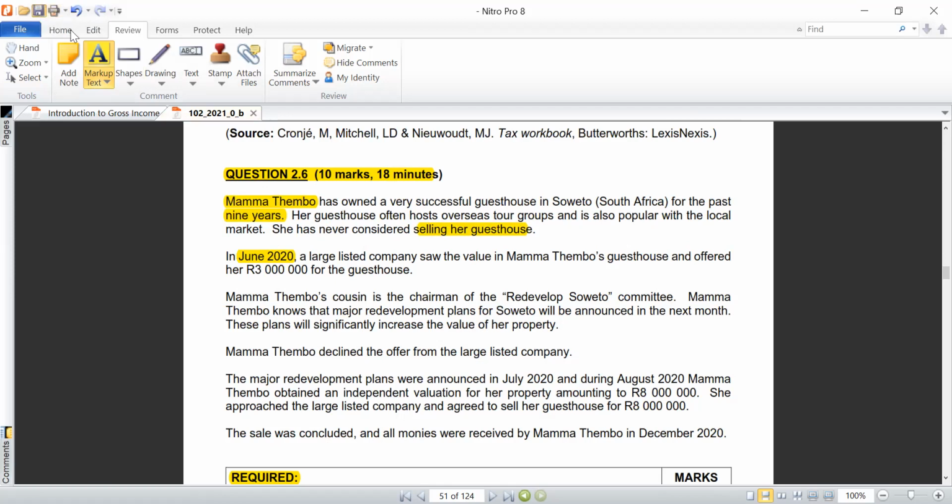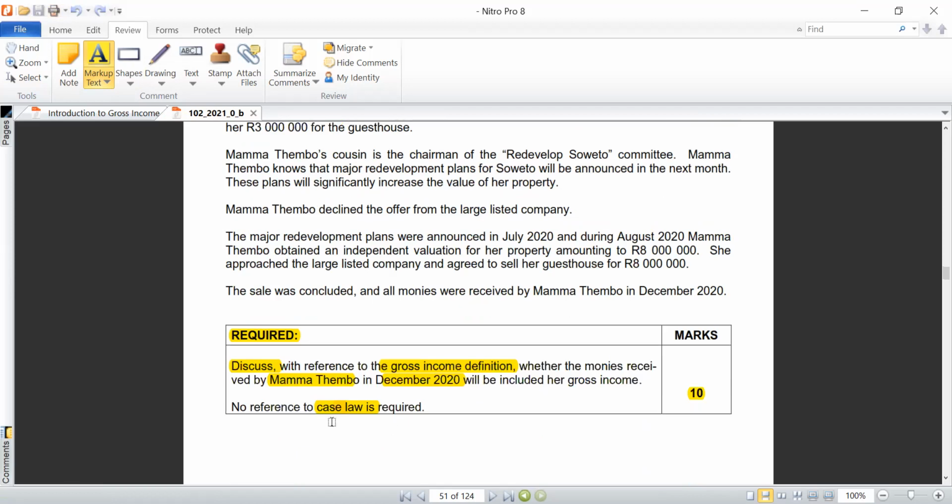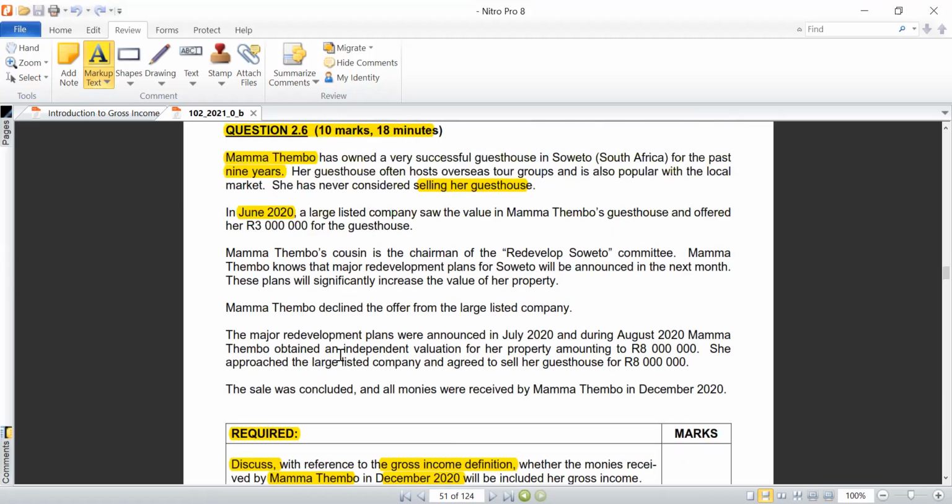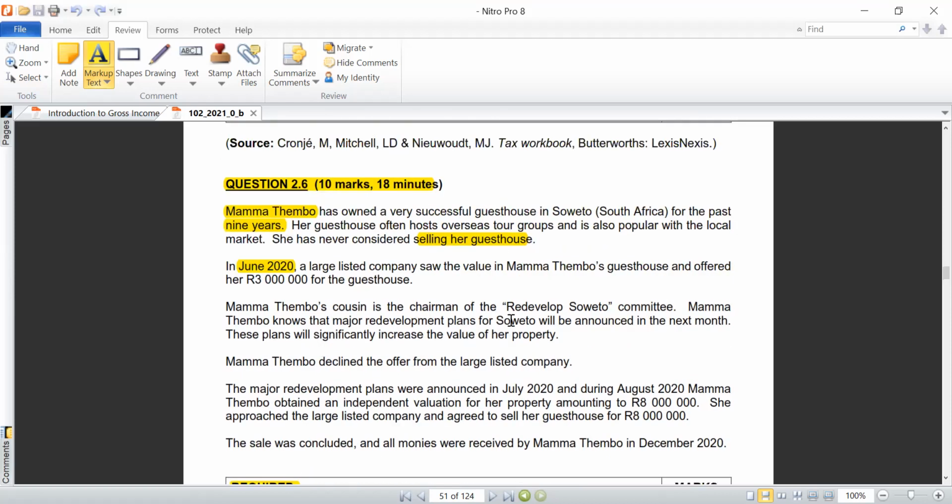And the question says to discuss with reference to the gross income definition whether the money received by Mama Tembo, the individual, is included. So the text we are looking at is for the individual that has received certain funds in the context of what we will be told.